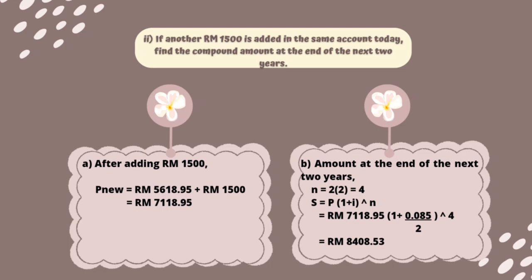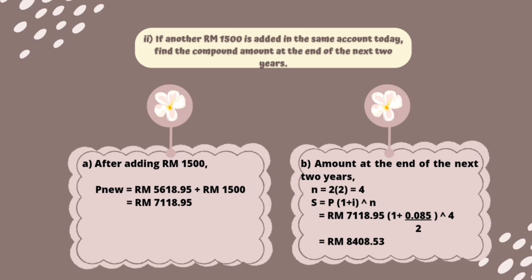First, we need to add 1,500 ringgit with the value of S just now. So, P new, we will get 7,118.95 ringgit. After that, we need to find S, which is the amount at the end of the next 2 years. So, the formula of S is S equal to P, open bracket 1 plus I, close bracket powered by N. N is the new number of periods, which is 2 multiplied by 2 years, so we get 4.